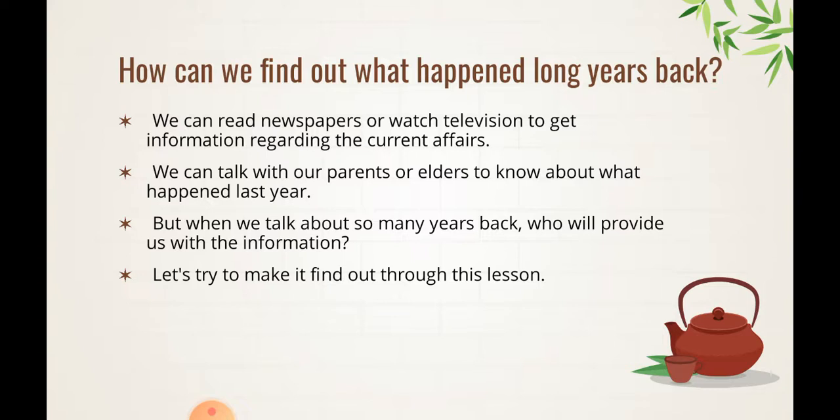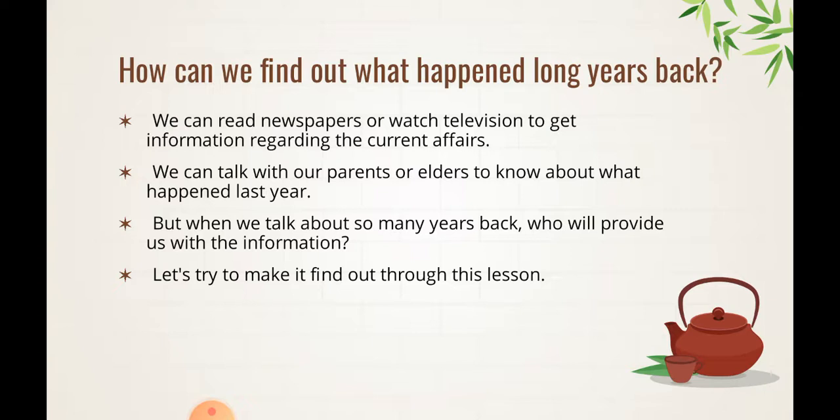For all the current affairs, we get in touch with the internet or news channels. Similarly, we can talk to our friends or relatives or maybe parents to know about what happened in the last year. But when we talk about long years ago, how to know?